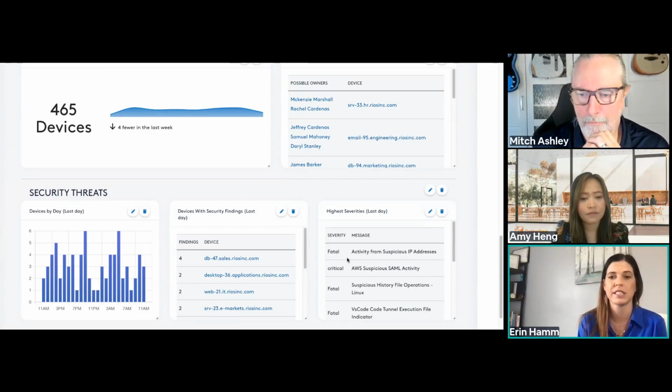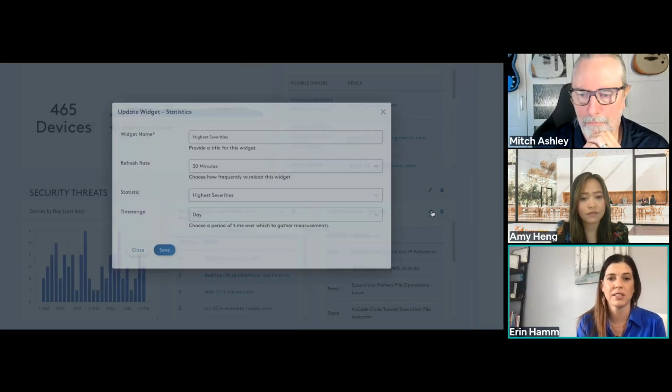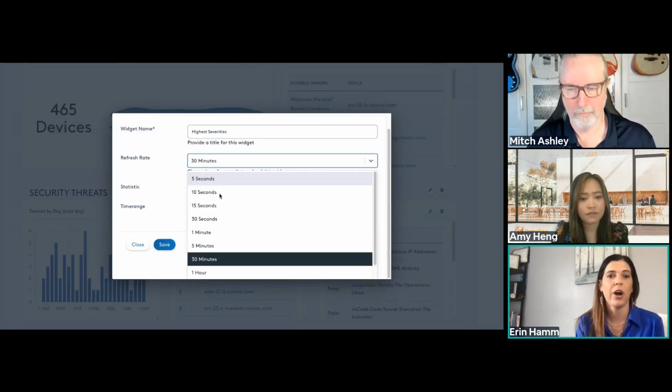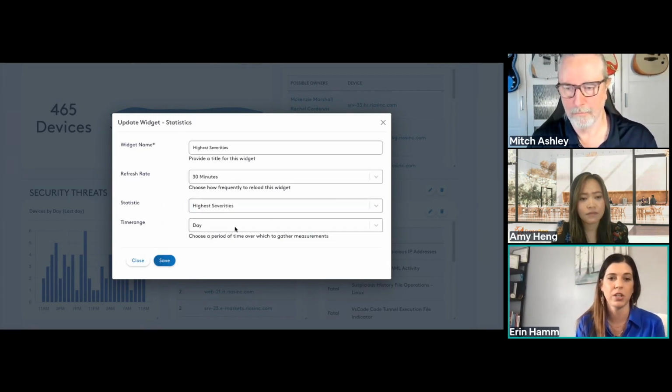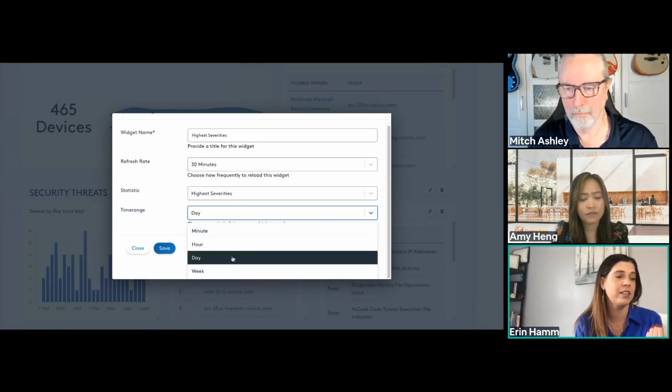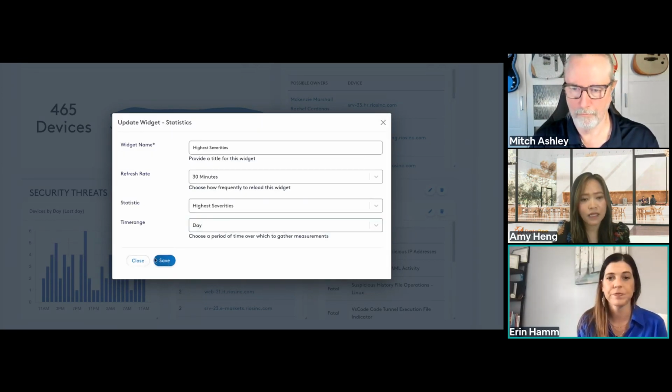All of these you're able to customize the time frame on. So I can change how often it gets refreshed, and what statistic I'm wanting to look for. And instead of looking at this at a day level, maybe I want to look at it at a week level. I don't want to go in every day and look at my security threats, but maybe it's on a weekly level because I know that we are doing great within our organization.